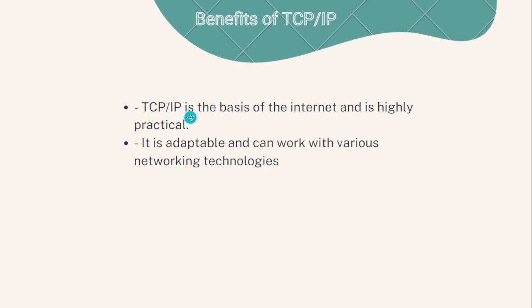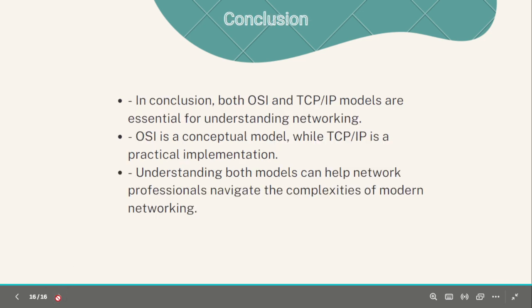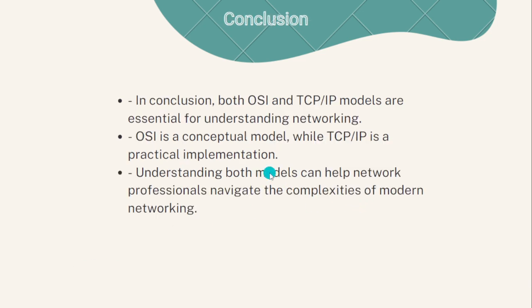The TCP/IP is the basis of the internet and it is highly practical. It is adaptable and can work with various networking technologies. These were some information about the TCP/IP and the OSI model.